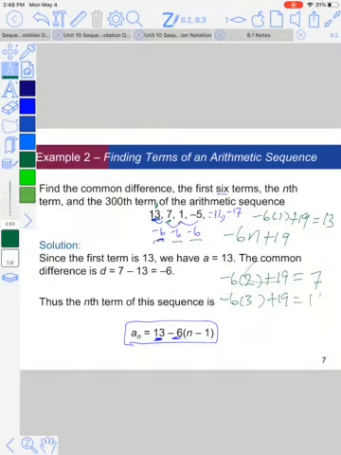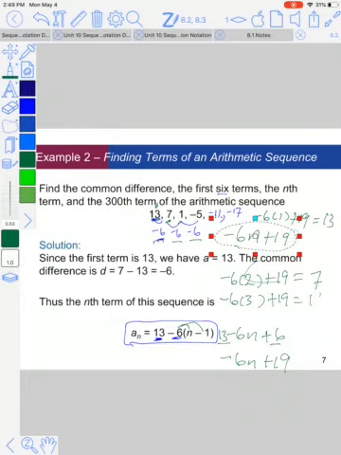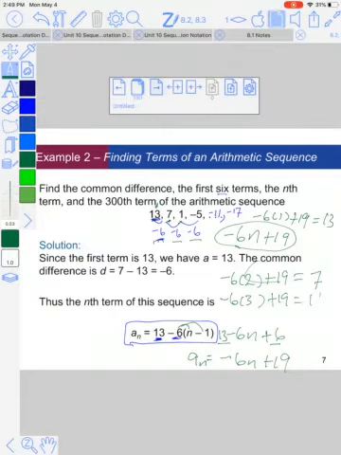If you distribute the negative 6 here, you get negative 6n plus 6, and then minus 13... combining like terms, I get negative 6n plus 19, which is exactly what I got up here for my a sub n equation.